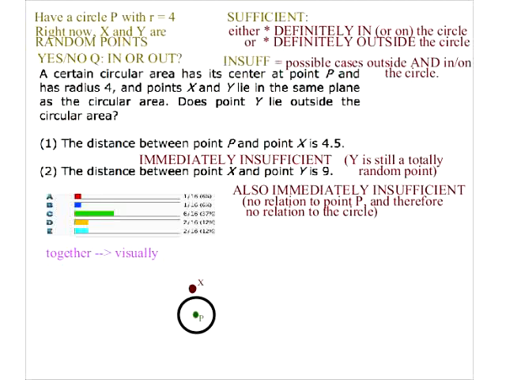Now Y has to be 9 units away from X. And remember what we're trying to do here. We're trying to get a case of inside the circle and a case of outside the circle.